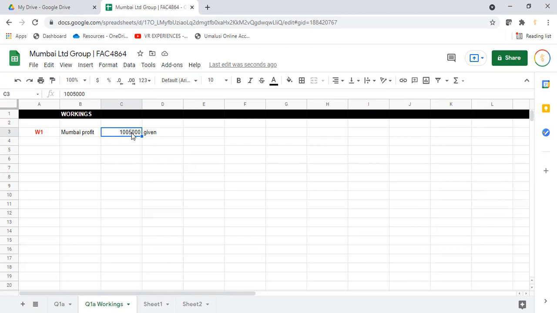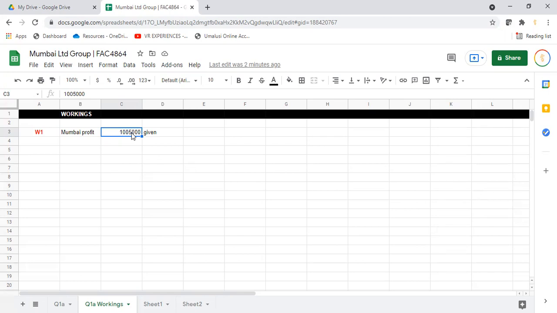The second one is to eliminate the unrealized profit included in closing inventory. And the third one is to eliminate and recognize the unrealized profit relating to prior year's closing inventory, in other words, this year's opening inventory.